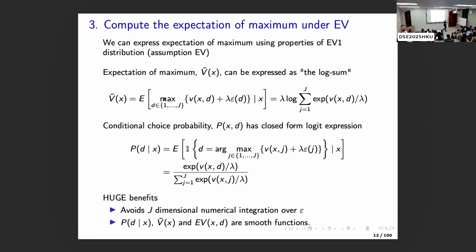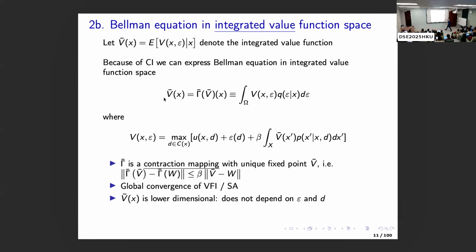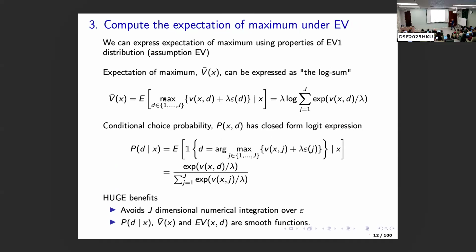Now this last thing is the extreme value assumption. We still need to compute that integral here, right? That integral here. The benefit of assuming those extreme value shocks is that now that expectation of the integrated value function can be expressed in closed form. What is it?